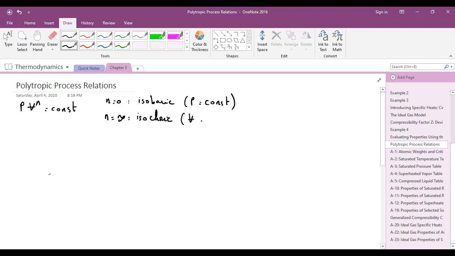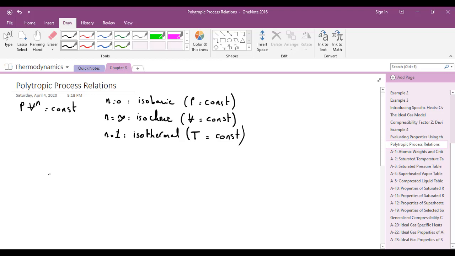That means that in this process V is equal to constant. For n equal to 1, this will be isothermal process, and T in this case is equal to constant.